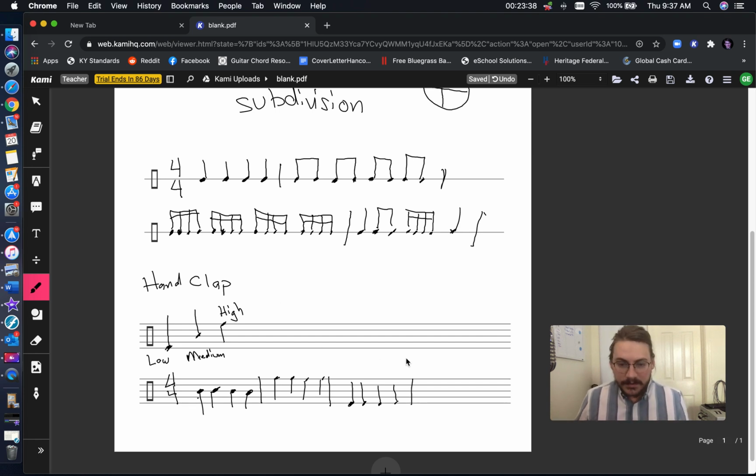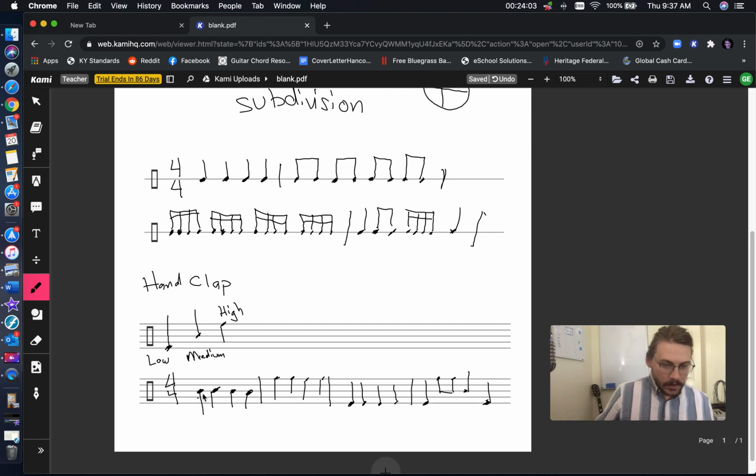And finally, let's throw something tricky at you guys. We're going to go down here. Eighth note set. Medium. Low.